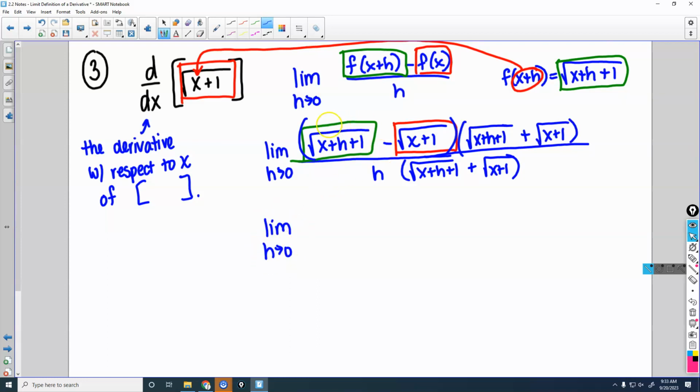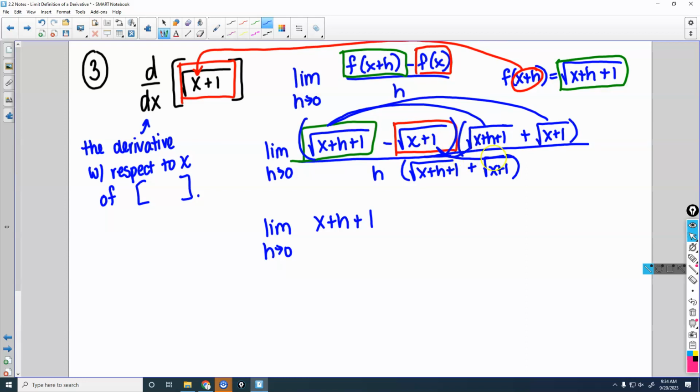Alright, so if we multiply this together, we've got to multiply those first two together. Square root of x plus h plus 1 times square root of x plus h plus 1 is just x plus h plus 1. Then we multiply the outside and the inside, but we'll get a positive and a negative, and they will cancel, which is the reason we chose the conjugate in the first place. We wanted that to happen.